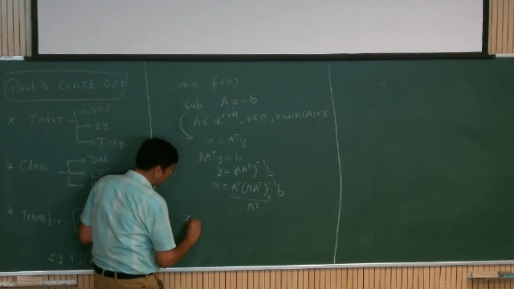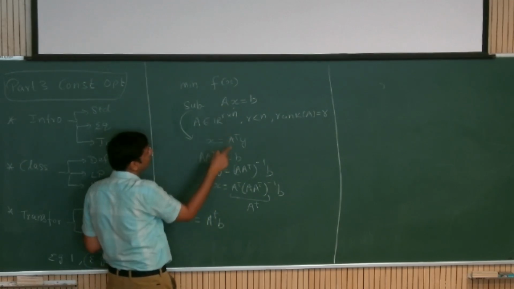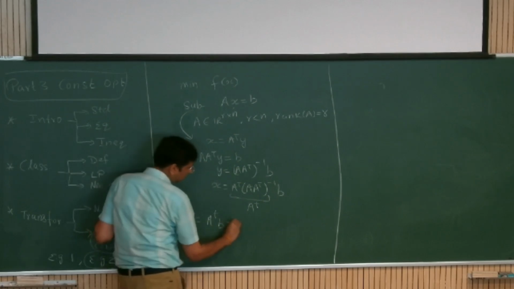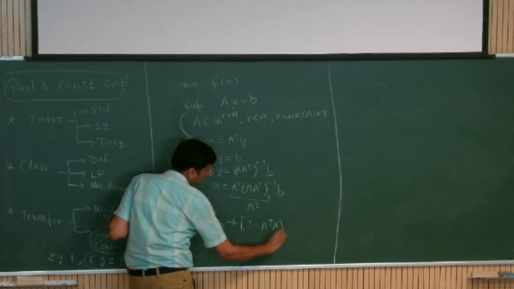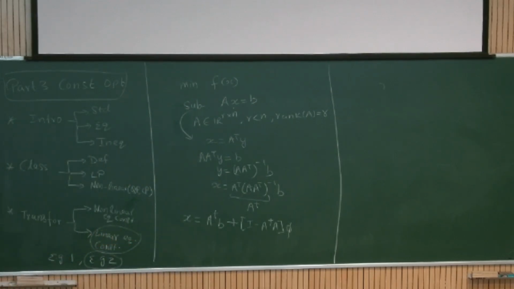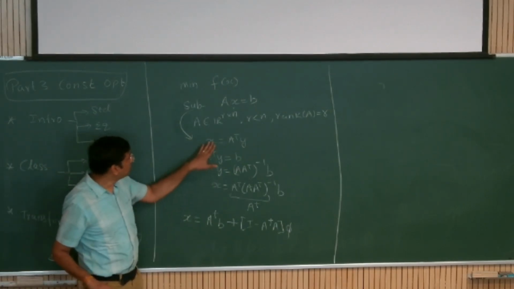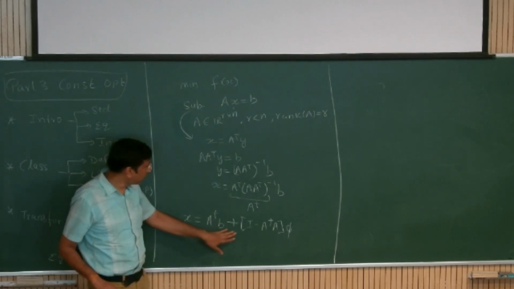This is one solution, because you're transforming the problem. Plus, to take care of infinite solutions, we had the null space matrix times phi. Is there an inverse there? No, that's it. Yes, everybody with me? We transformed this equation to this form and we got one solution, and to take care of infinite solutions we added this.